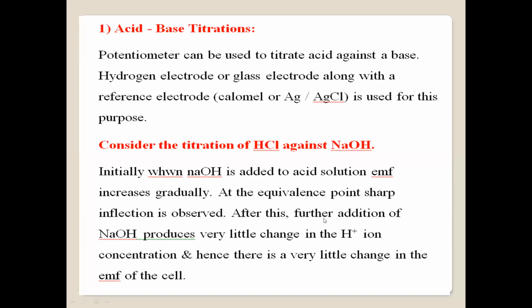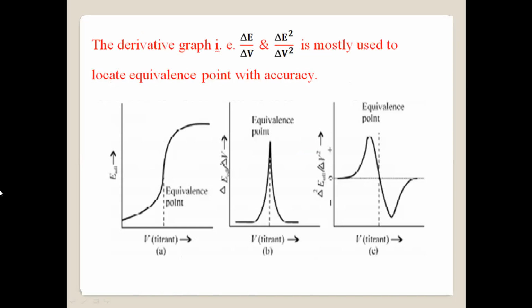Hence there is very little change in the EMF of the cell, and that can be shown using graphs. Here three graphs are there. In the first, the x-axis is the volume of NaOH added and the y-axis is EMF.